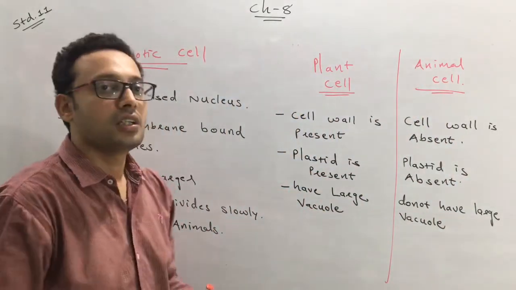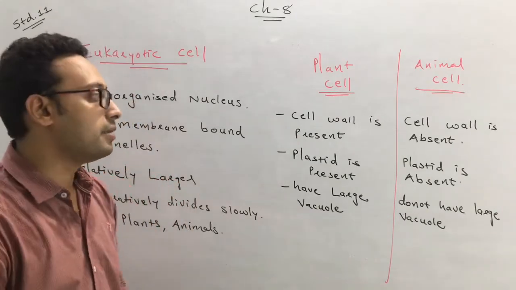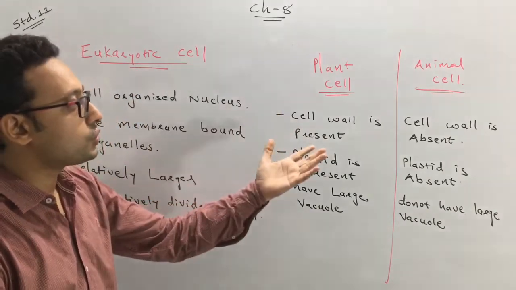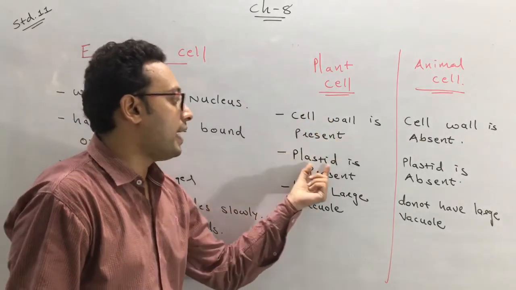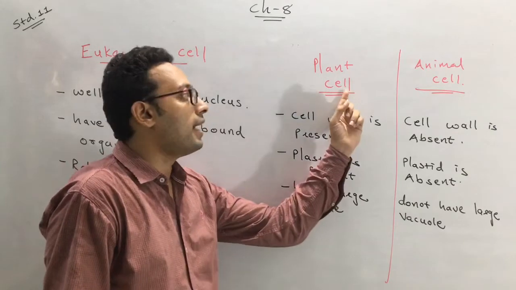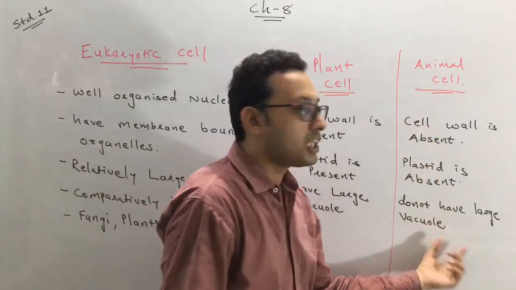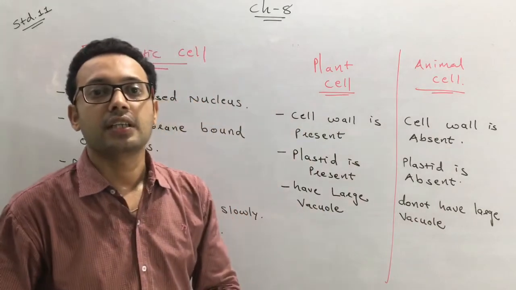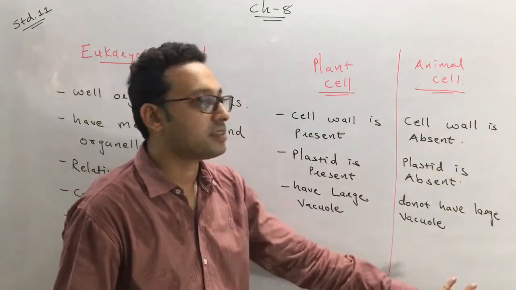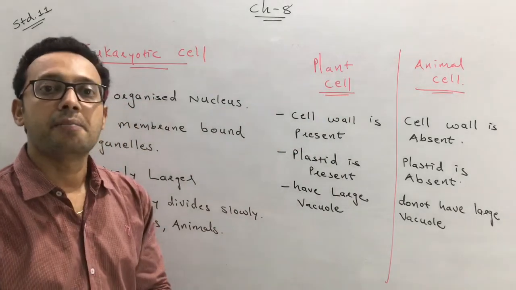So this is the third difference between the plant and the animal cell. In short, cell wall, plastid and large vacuole are found in plant cell, but cell wall, plastid and large vacuole are absent in animal cell. You cannot find these three components in an animal cell which can be found in a plant cell.